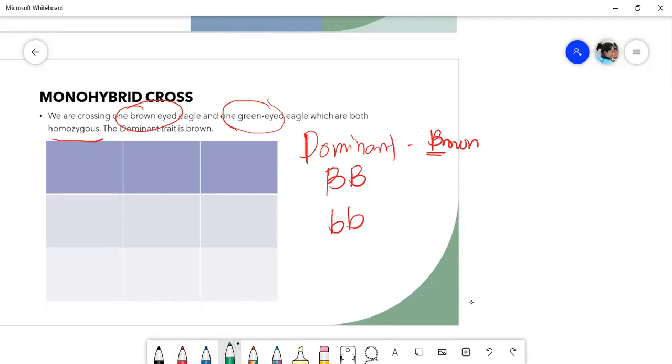Okay? So if we're going to cross it in your monohybrid cross, take note that it's a monohybrid cross. It should be B, and then the other one is also B. Okay, so if we're going to cross this one in your monohybrid, it will be like this.